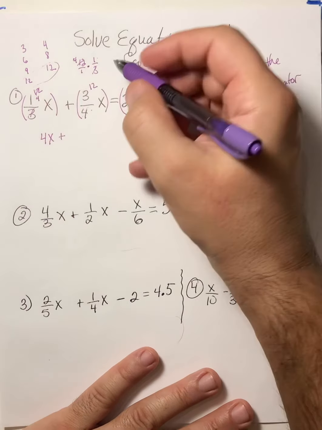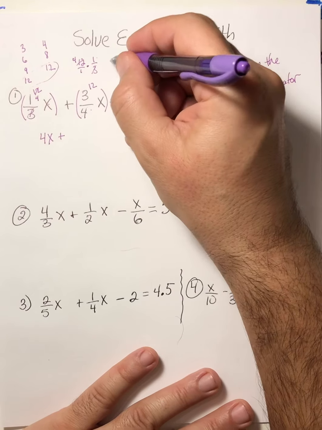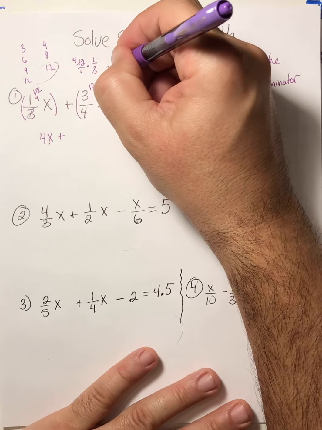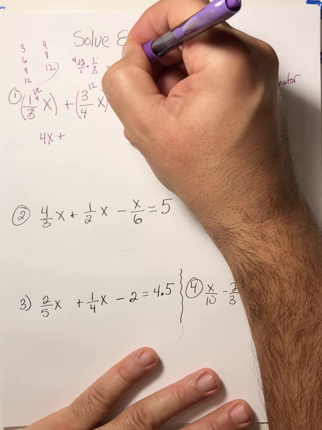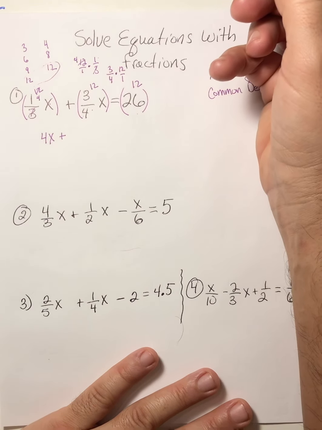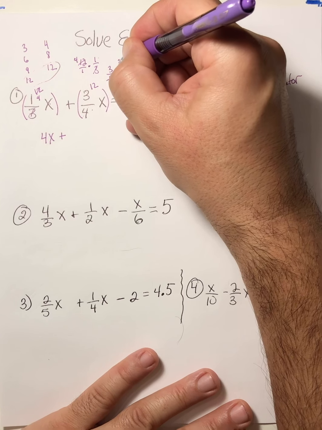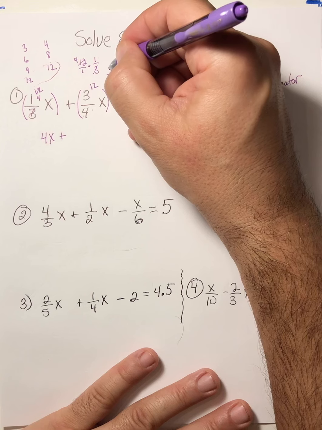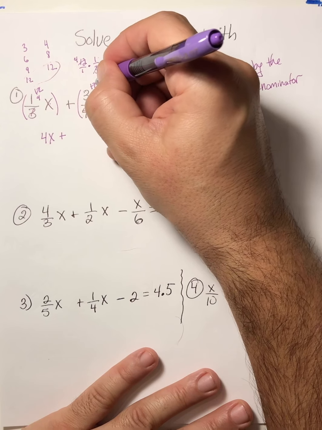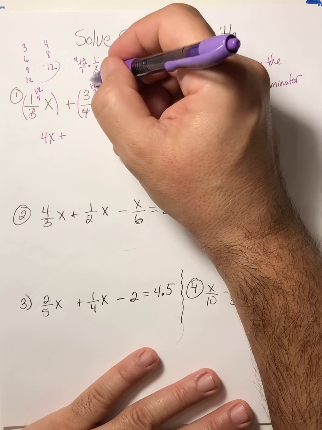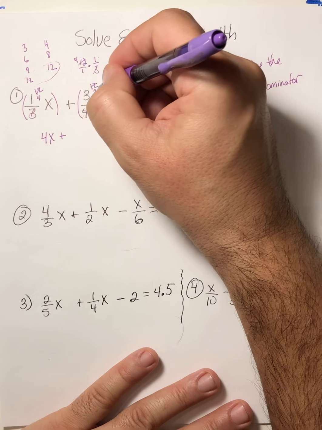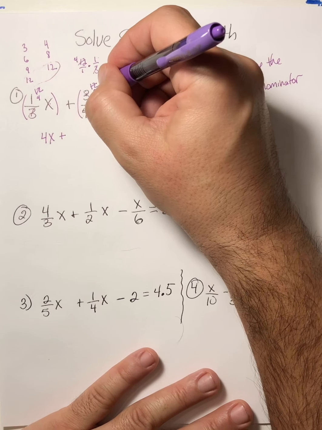Plus, now we're doing the same thing here. 3 over 4 times 12 over 1. That's right, 4 can cancel with the 12, so 4 goes into 12 3 times. So we have 3 times 3. The 3's are on top, we can't cancel, so we have 3 times 3 times x.